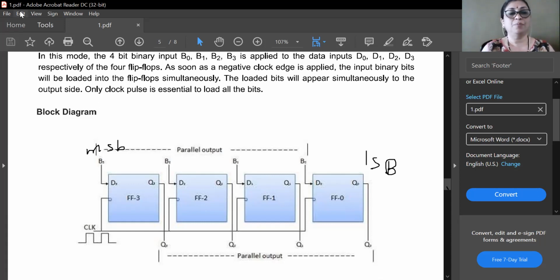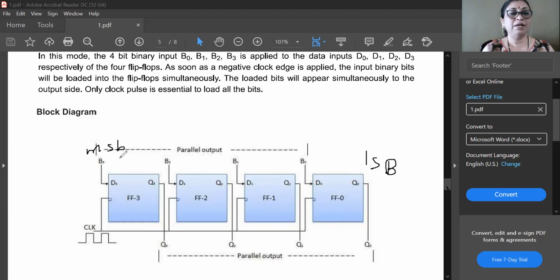Okay, now suppose we apply some data over here, let us apply some data. I'm going to apply 0, 1, 1 and 0. So here B3 is 0, B2 is 1, B1 is 1 and B0 is 0.